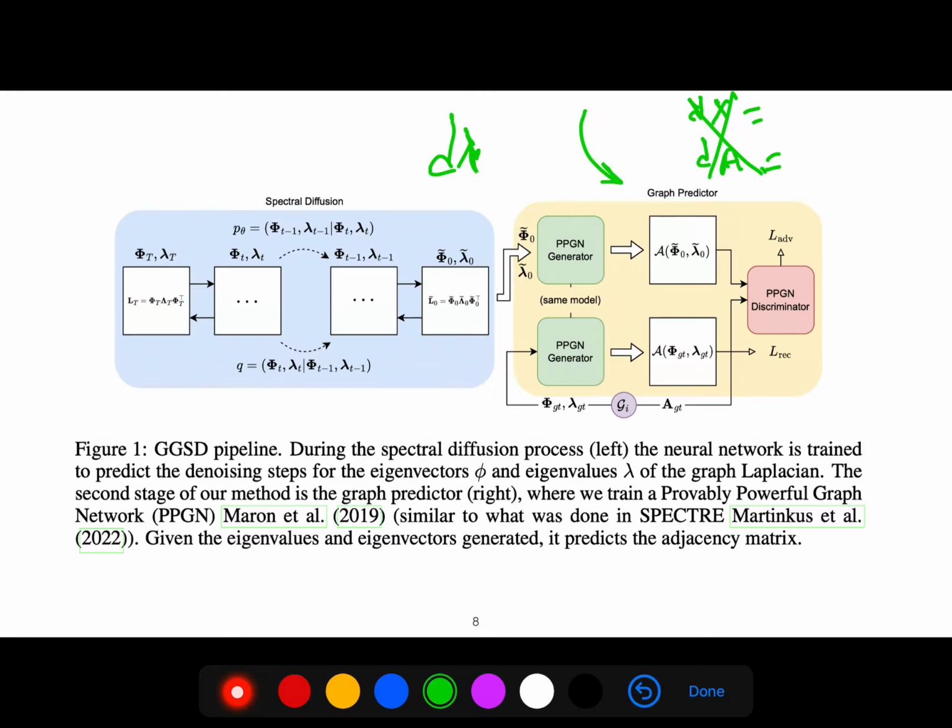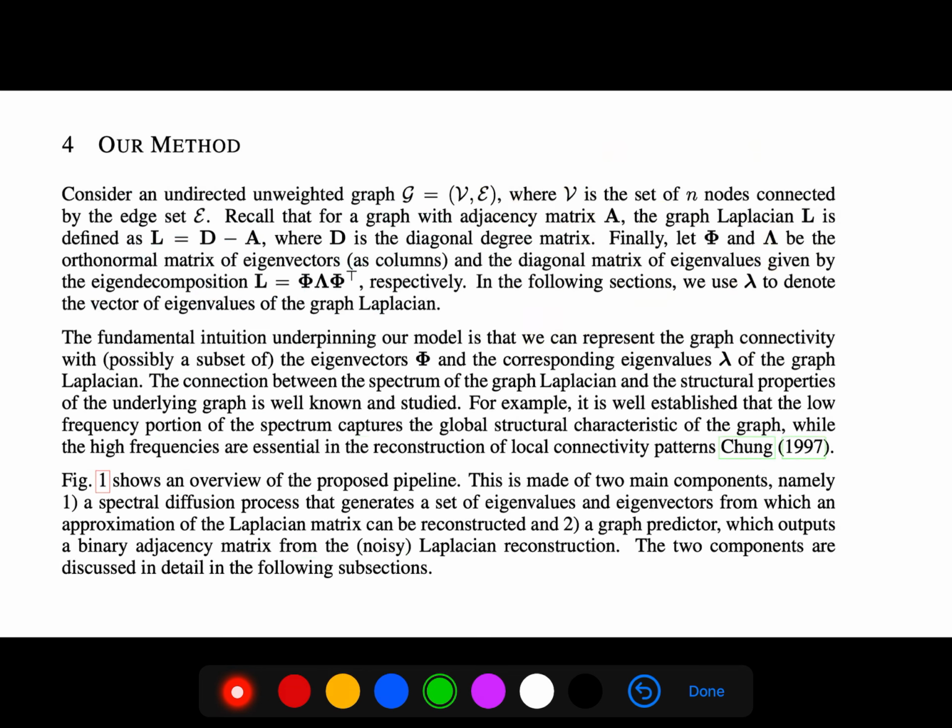So once you have the eigenvalues and eigenvectors generated, it predicts the adjacency matrix. So we call it loss of adjacency. And here you have reconstruction.